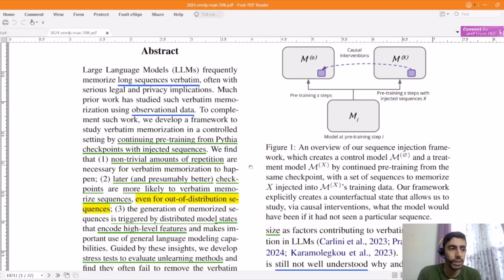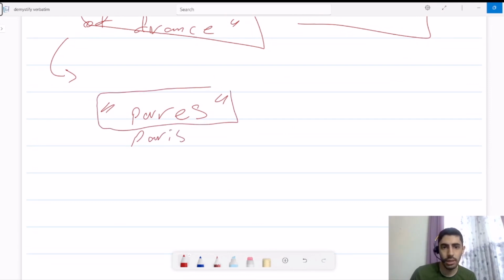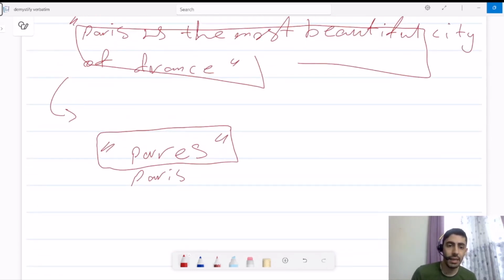For example, imagine there is a sentence that writes Paris in an unusual form instead of Paris, and it would be more likely to save the word-by-word sentence which uses Paris in this form.